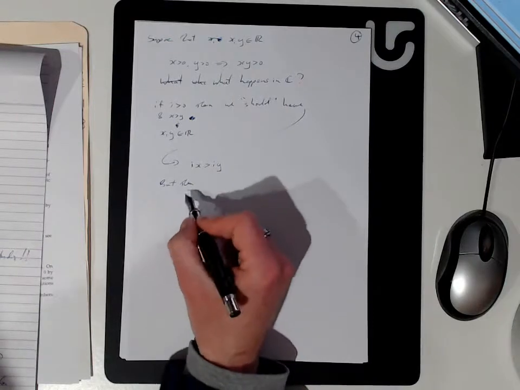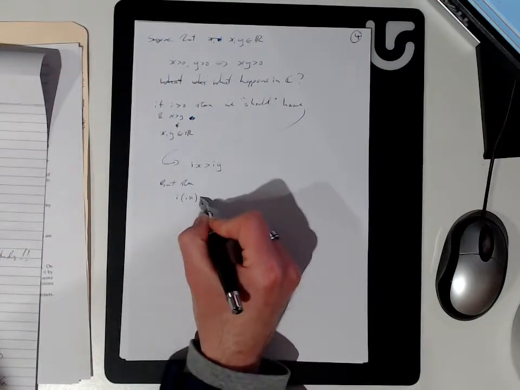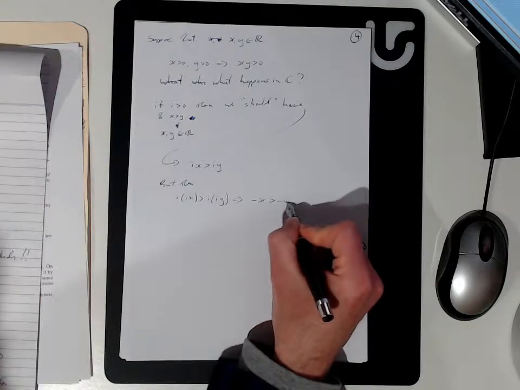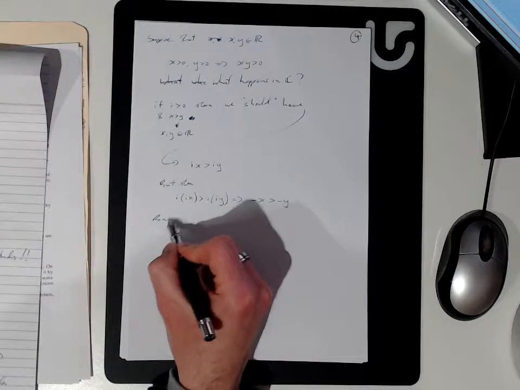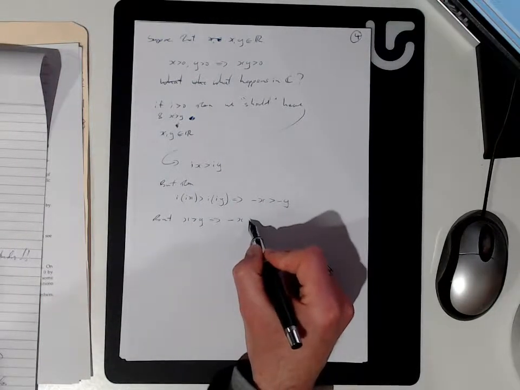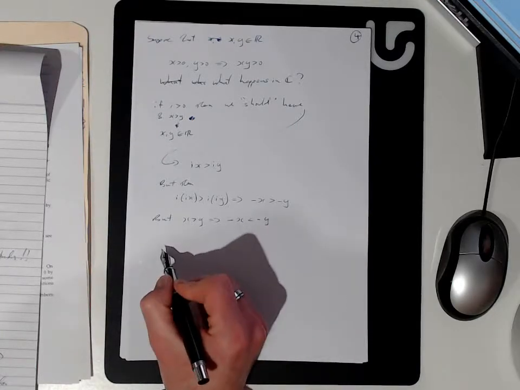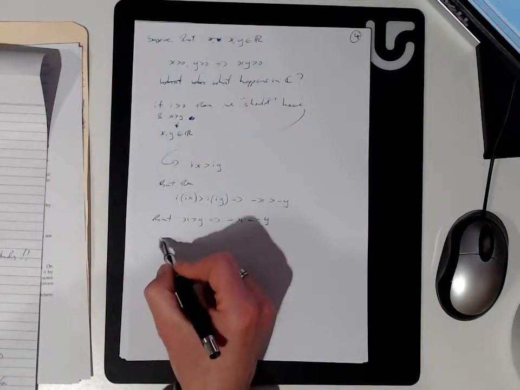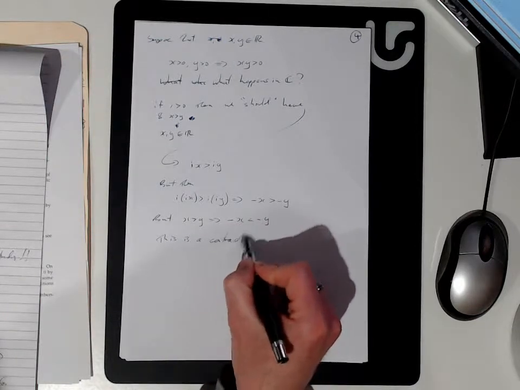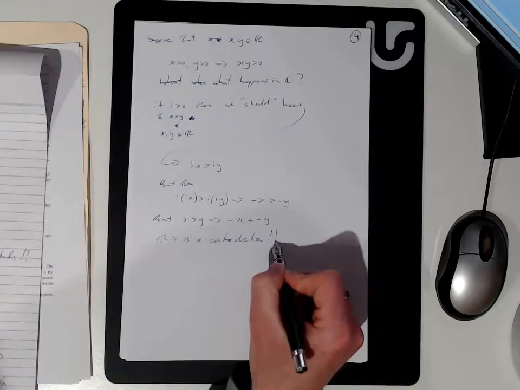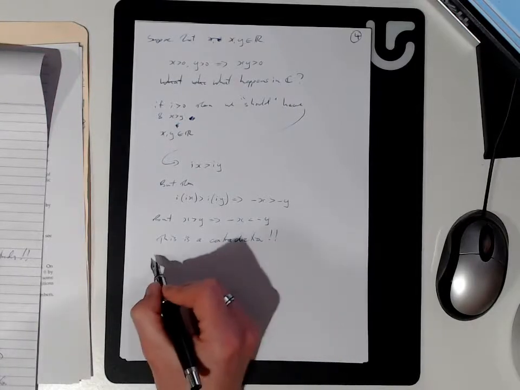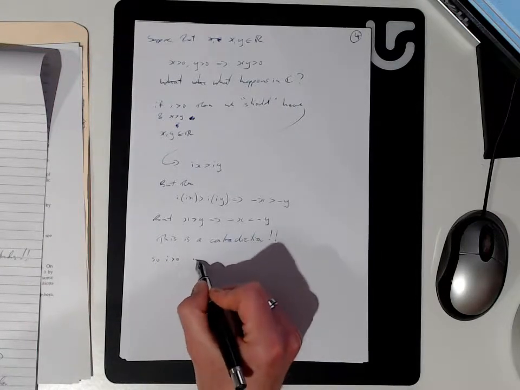But then we can multiply by i again. i times ix is greater than i times iy, and of course that implies that minus x is greater than minus y. But x greater than y implies that minus x is less than minus y. This is a contradiction. Right, we have strictly less than, so they can't be equal to 0. It's a contradiction. So i greater than 0, wrong.